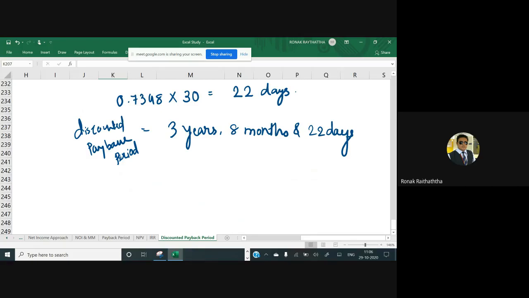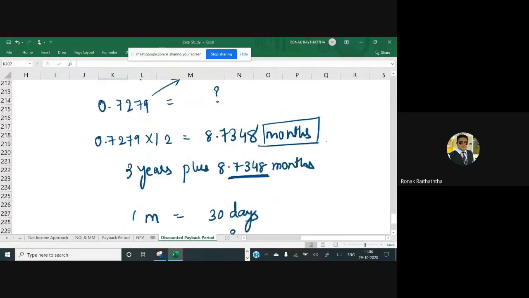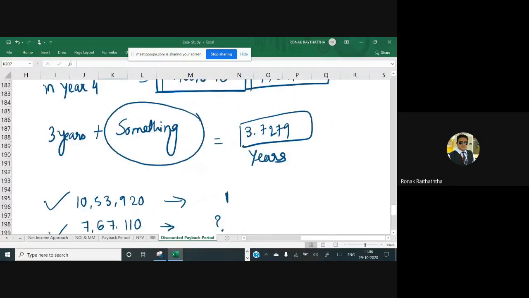So this discounted payback period will be slightly higher than your payback period. You must have observed, if you find the payback period, it would be slightly shorter than this. Discounted payback period will always be longer than the normal payback period. The reason is that you have taken smaller amounts in terms of present value.